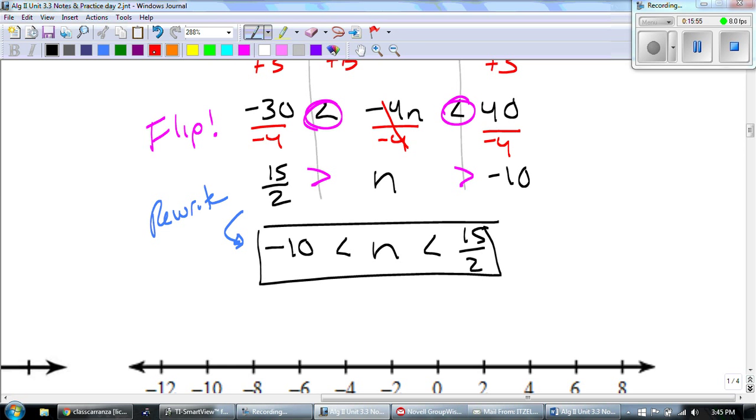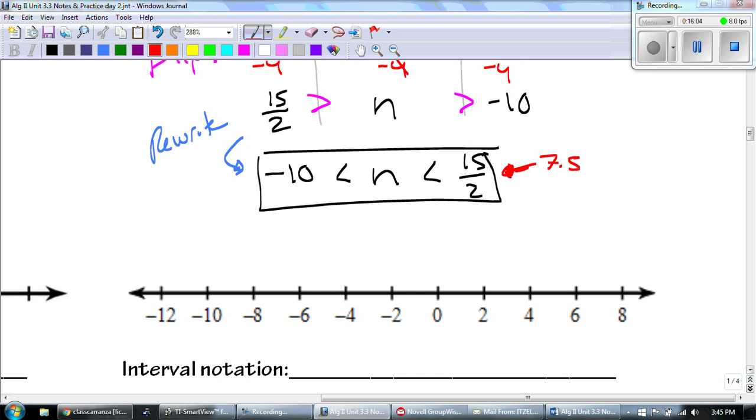So this is what I'm going to graph. Remember, we said that 15 over 2 was 7.5. So at negative 10, I'm open. At 7.5, so here's 7. So 7.5, I'm open. And then we shade everything in the middle.